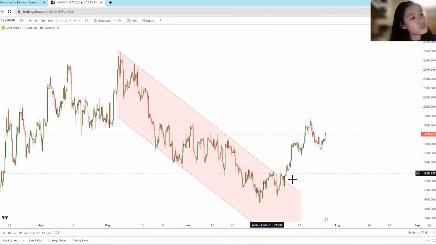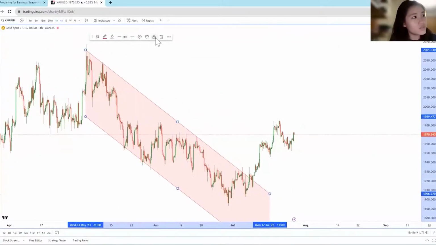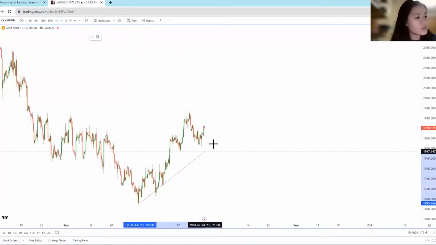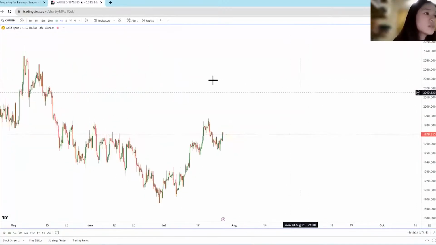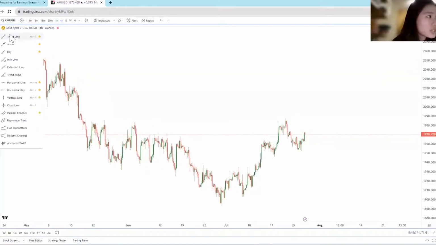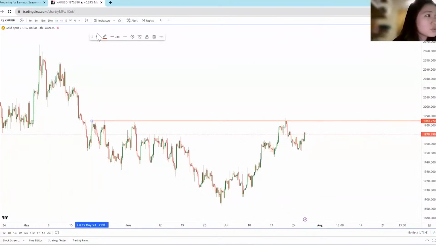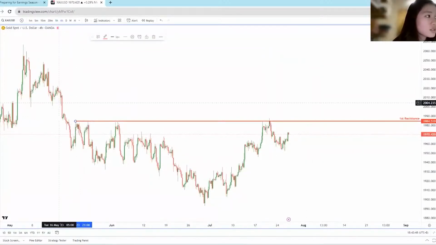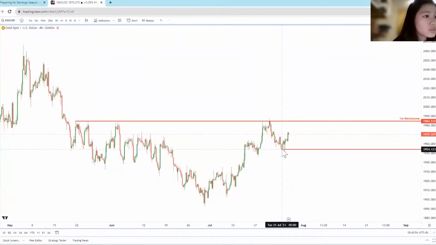It looks like prices just broke out of our descending trend channel on the 4-hour time frame. Let's see if we have a channel here as well. Okay, no. So we don't have any channels or trend lines, so we'll just go ahead and start off with our support and resistance levels. So here's my first resistance, closest swing high to where price is currently at, and then swing support level is at the closest swing low.